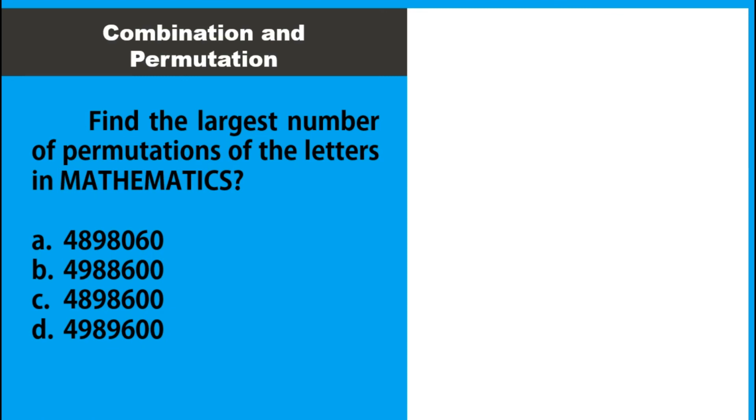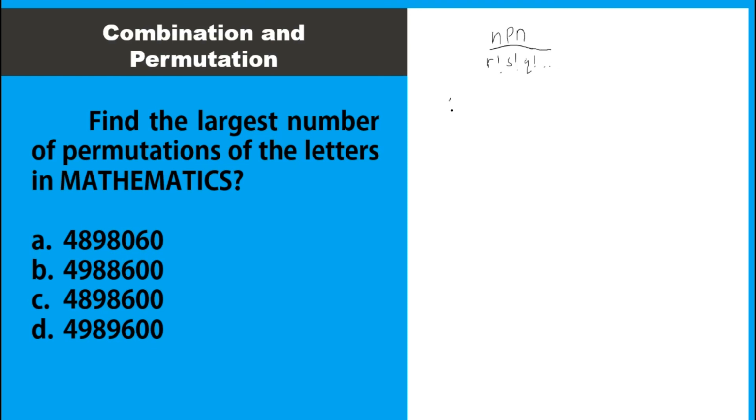Find the largest number of permutations of the letters in mathematics. For this kind of problem, we have the formula nPn all over r factorial, s factorial, q factorial, and so on.